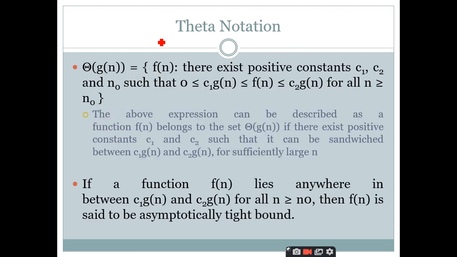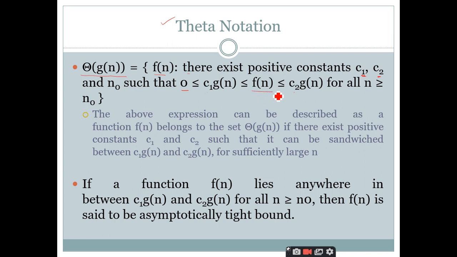Next, the third notation is the theta notation. We call it the big theta notation. Here we are denoting big theta of g of n is equal to f of n, such that there exist positive constants, remember, here we are taking two positive constants, C1 and C2, and n naught, such that 0 is less than or equal to C1 into g of n less than or equal to f of n less than or equal to C2 into g of n for all values of n greater than or equal to n naught.